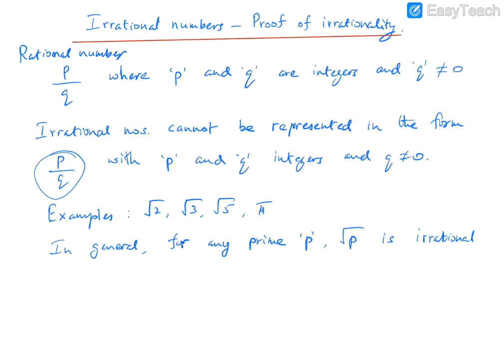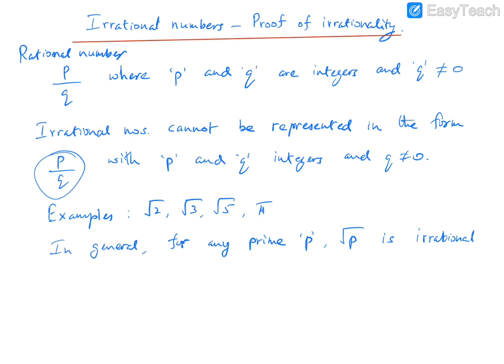So we will see a method of how to prove that a particular number is irrational or not. And to do that, we are going to use a technique called the technique of contradiction, or the method of contradiction. When we are asked to prove that some number, let's say root 2 or root 3, is irrational, we will first assume that it is rational. That means it can be represented in the form p by q, where p and q are integers.